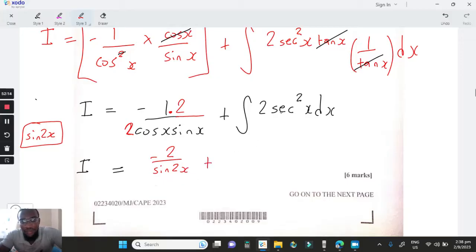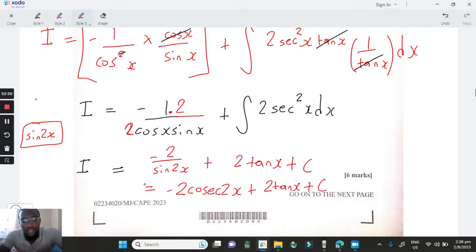Plus, as we said, this part now integrate sec square, we get tan x plus c. And then now we can rewrite it further to say this is negative 2 cosec 2x plus 2 tan x plus c. That's it, we'll finish. Easy. So that was the final answer.